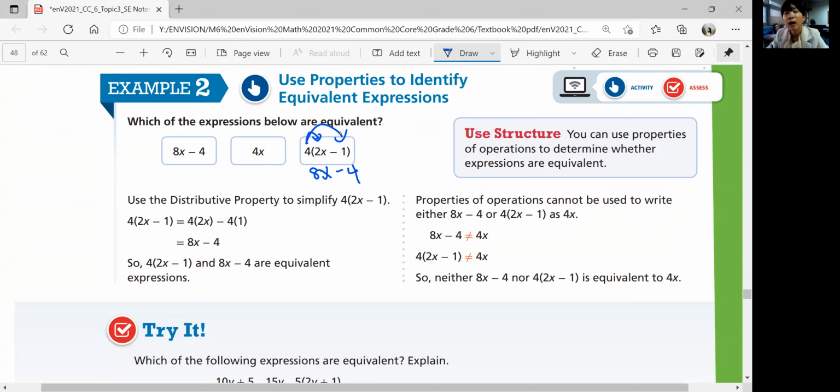Okay? Do we have equivalent expressions among these 3? Yes, we have 8x minus 4 as an equivalent expression. Is there any way we could make these into 4x? No, they're already simplified. You can't do anything else. Okay, so 8x minus 4 and 4 times 2x minus 1 are equivalent expressions.